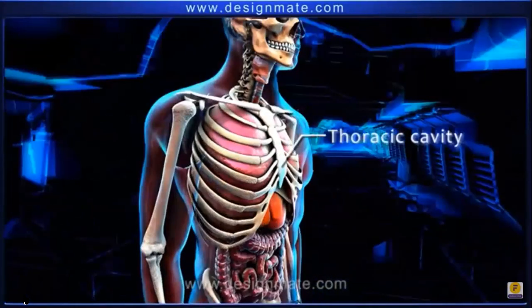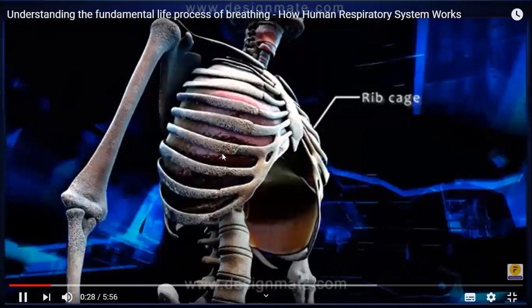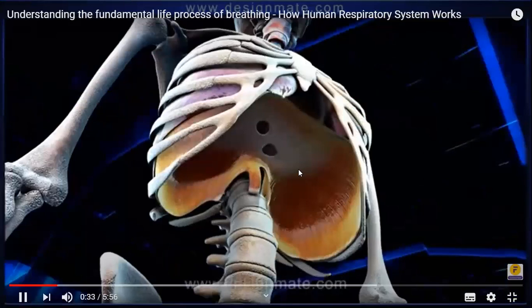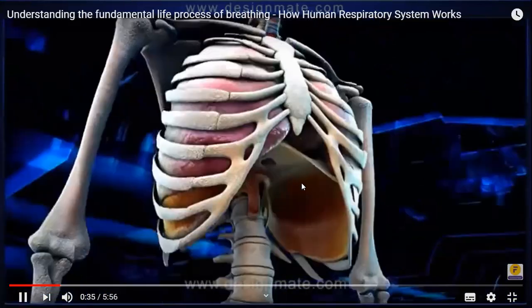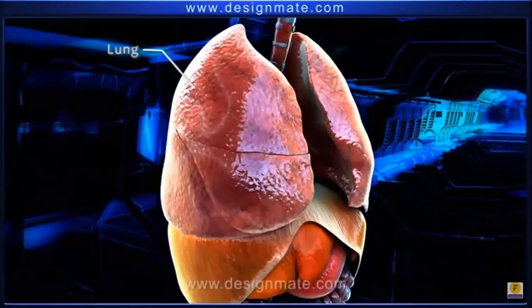This is the thoracic cavity. Uppermost, this is the sternum. These are the different ribs which are present here, and below the thoracic cavity there is the diaphragm, which separates the thoracic cavity and the abdominal cavity.